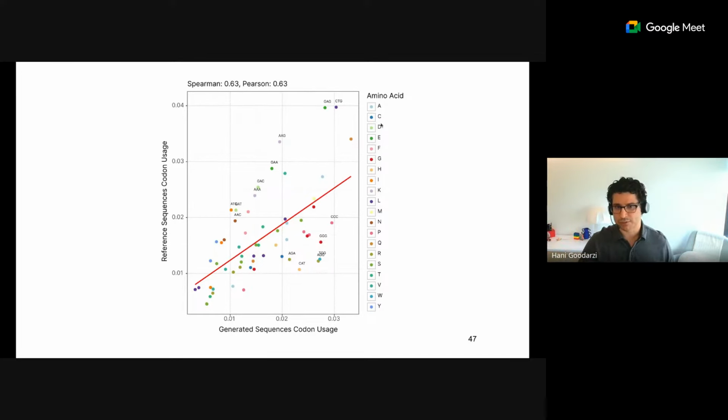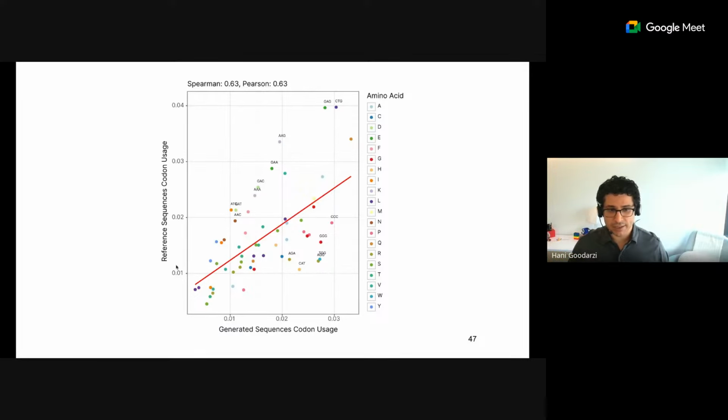So each of them codes for a different amino acid, but one amino acid has more than one codon. But they're not uniformly distributed. And so every organism actually has a different distribution of these codon frequencies. And this is called codon usage. So human has its own codon usage, for example, which is different from mouse.